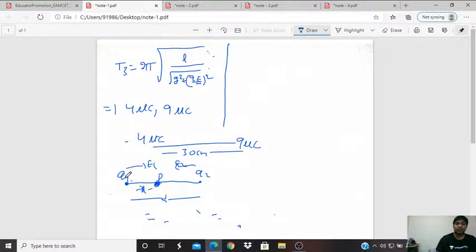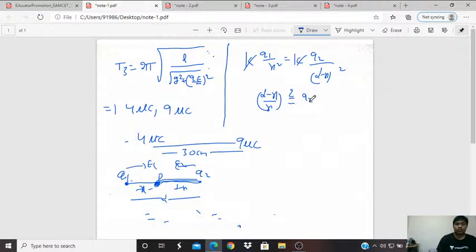See, field due to this charge Q1, what will get? K into 1 by 4 pi epsilon naught into Q1 by X square equal to K into Q2 by, what is the distance here due to this point? D minus X, na? So D minus X whole square. So K cancel. So D minus X by X whole square equal to Q2 by Q1.